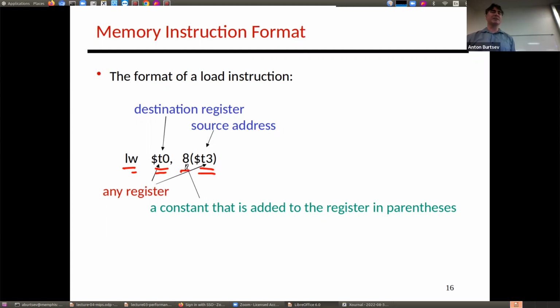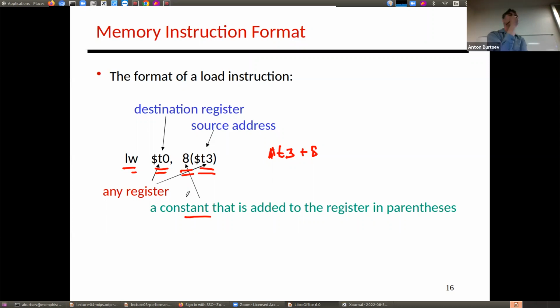What's important here is this constant 8. The address of this load is not T0, but T3, sorry, plus 8. Why is it convenient to have this instruction, which uses what is called an immediate offset?